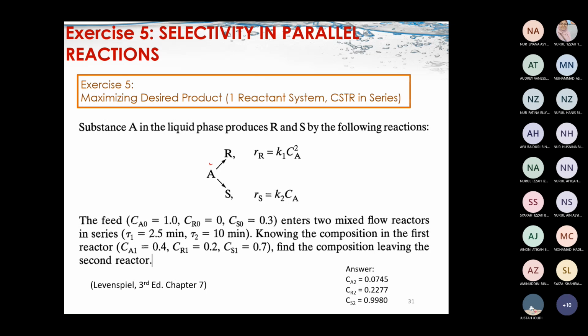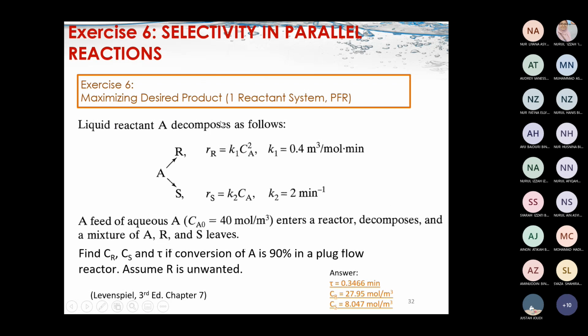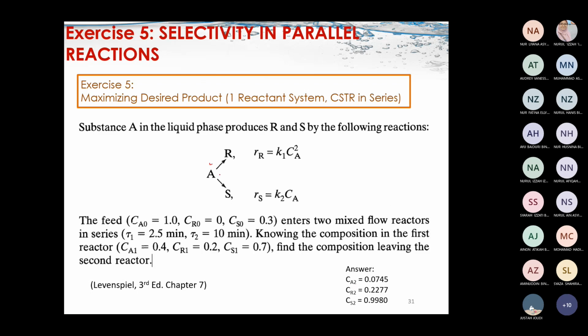Okay, it's out now. So this is a parallel reaction whereby from a reactant A, it will produce R and S components. It is given the rate of reaction for R as well as for S. Let me drag this one first.